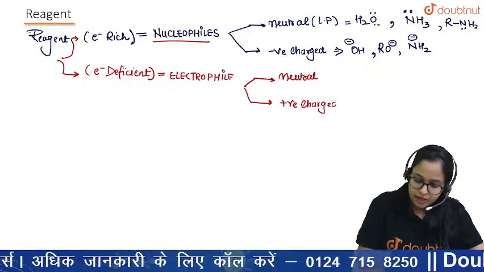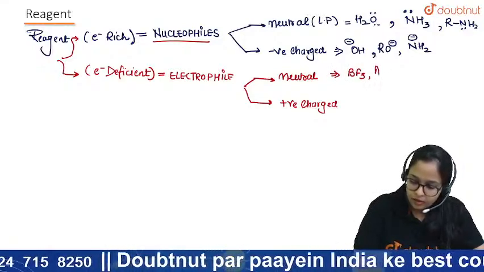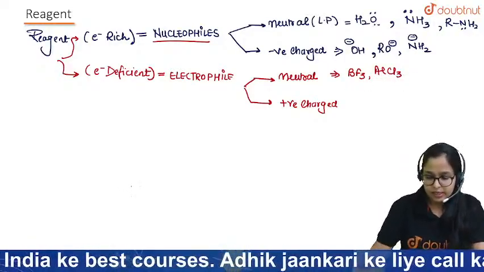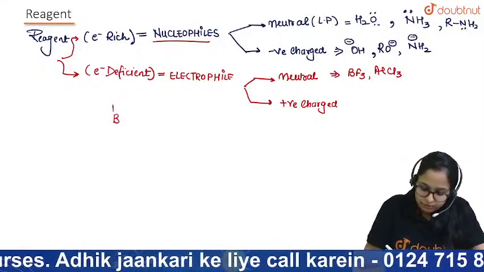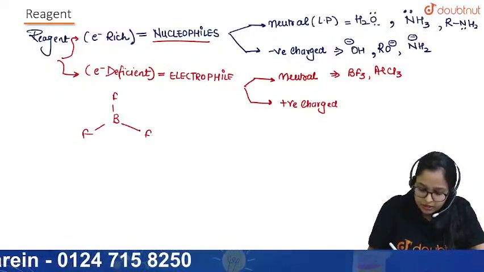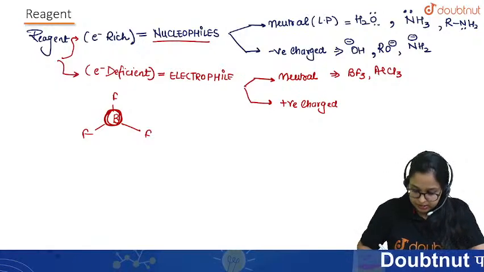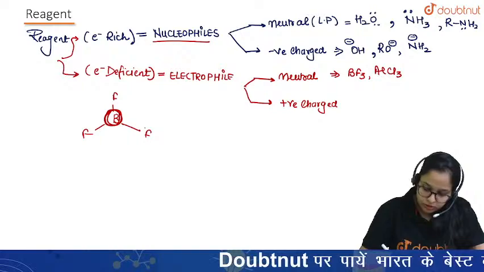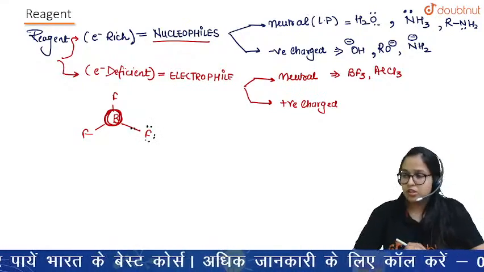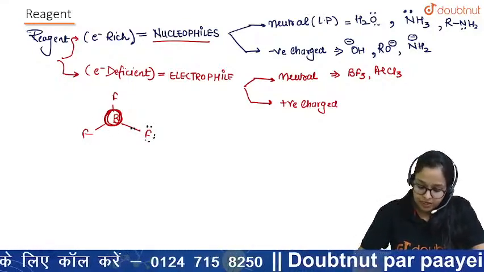In neutral, we have examples of BF3 and AlCl3. They are neutral electrophiles. Why is BF3 electron deficient? As you know, every center atom wants to complete its octet. Fluorine has 3 lone pairs and 1 BF bond, so the octet of the fluorine atoms in BF3 is completed.